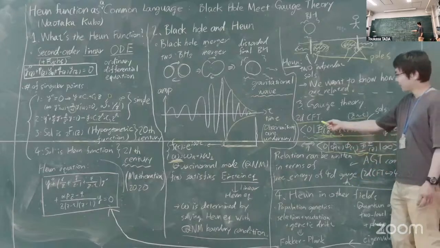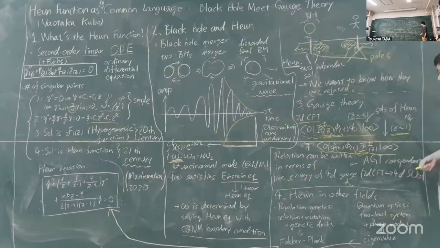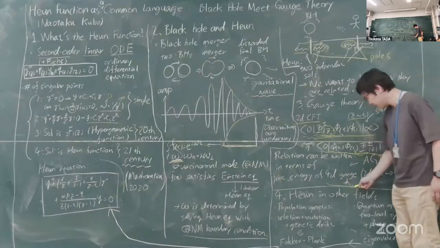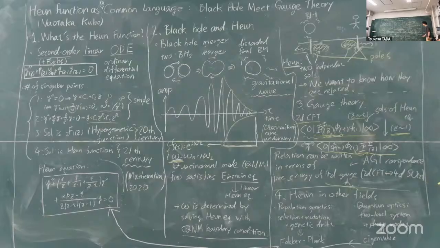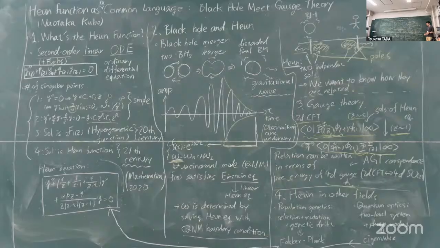So this is quite different from this 2D setting. Yeah, so this is also a miracle. This is just a remark that there is a miraculous correspondence, the AGT correspondence, which relates this to the supersymmetric gauge theory.